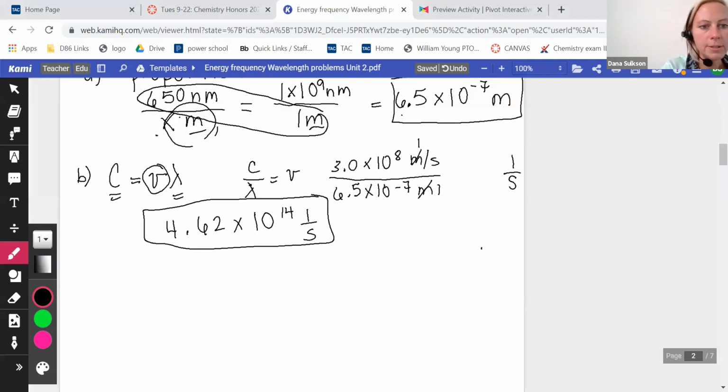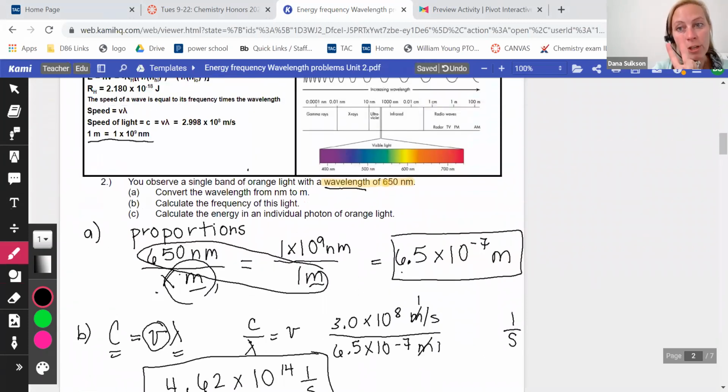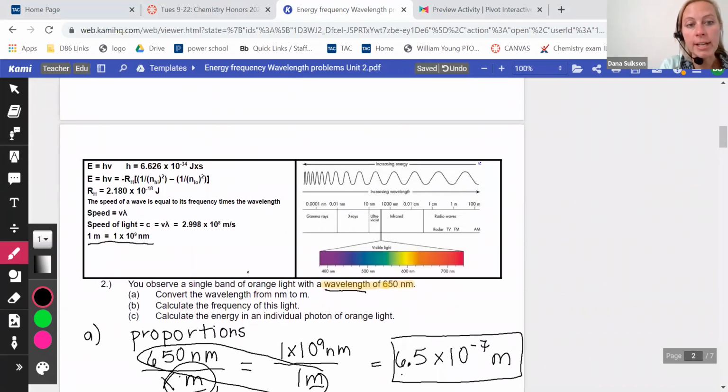Let's go to part C. I boxed everything in, so it's very clear. Part C is asking me to calculate energy. So finally, I can calculate energy. I've got two types of equations that I can use to calculate energy. Either E is equal to Planck's constant times my frequency, or I was given the highest energy level to lowest energy level.